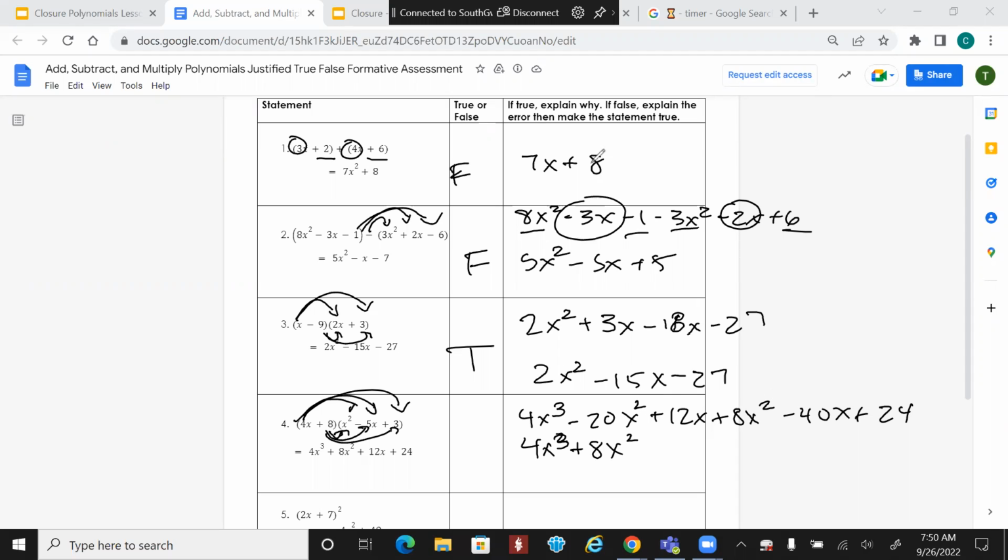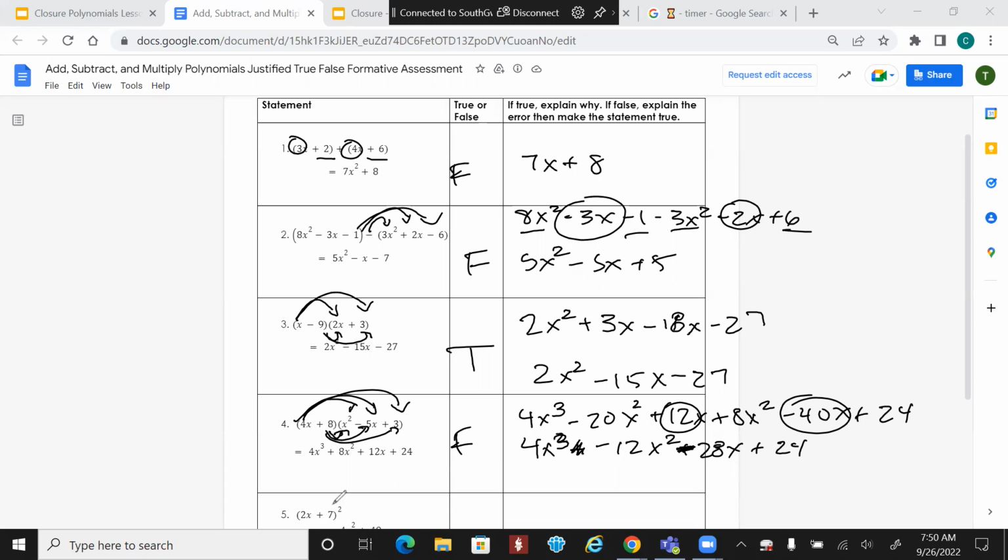I need y'all to stop talking. When we combine our like terms, we're going to get negative 12x squared, 12x minus 40x is going to give us negative 28x, plus 24. Okay. Is that the same thing as what they got? No. So that one's going to be false.